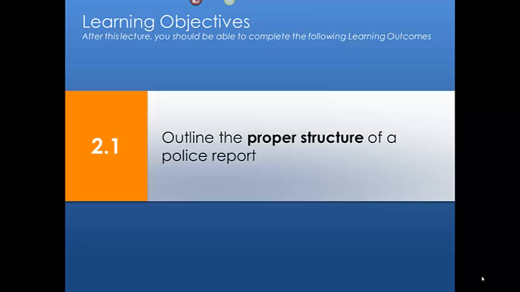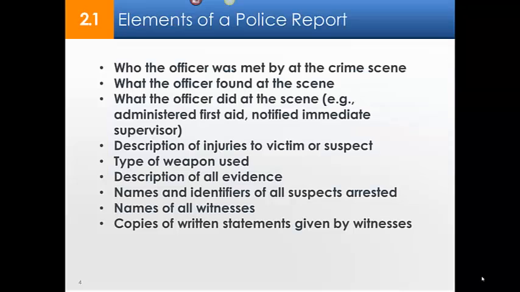Basically, we're going to be looking at outlining the proper structure of a police report. The elements of a police report include who the officer was met by at the crime scene, what the officer found at the crime scene, what the officer did at the scene, i.e. administered first aid, treated the victims, arrested a suspect, and so forth.